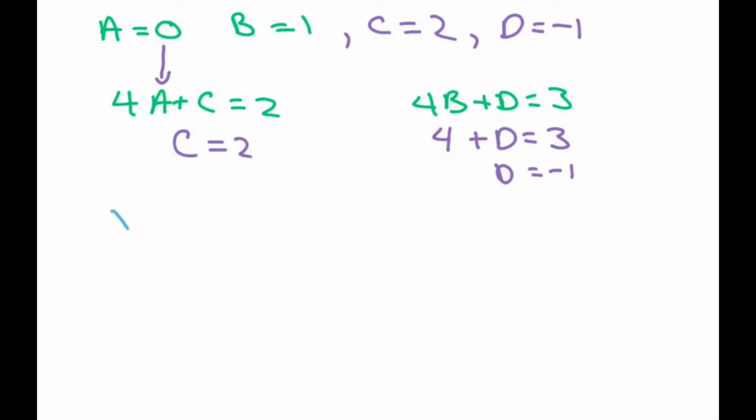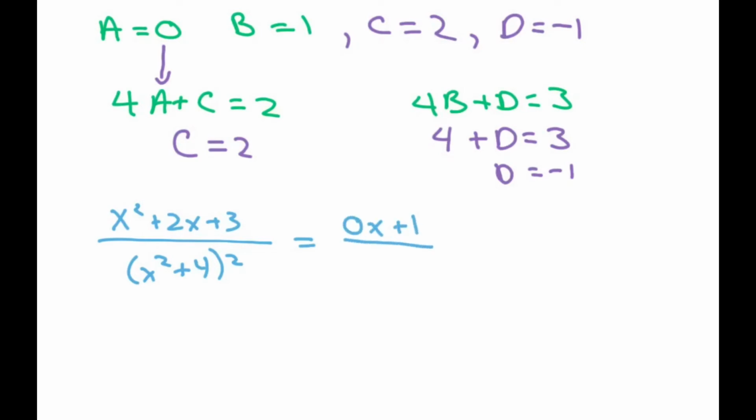You get x squared plus 2x plus 3 divided by x squared plus 4 squared. And that's going to equal, my a is 0, so you have 0x plus b divided by x squared plus 4 plus, my c is 2, so that's going to be 2x, my d is negative 1, divided by x squared plus 4 squared.